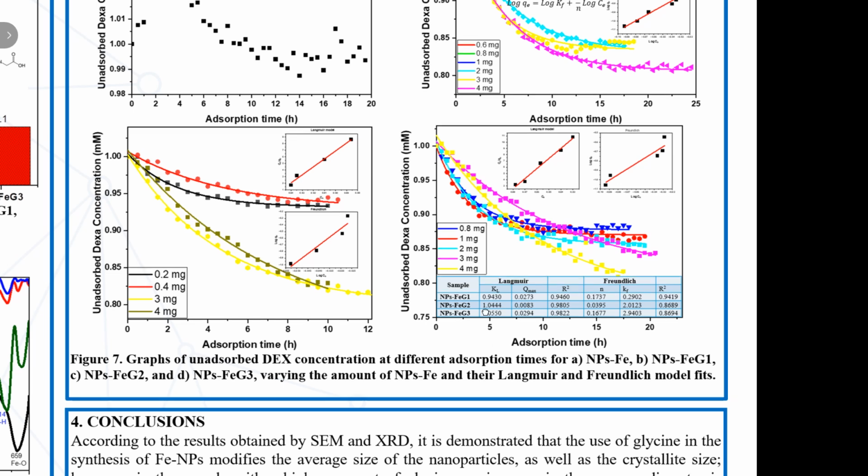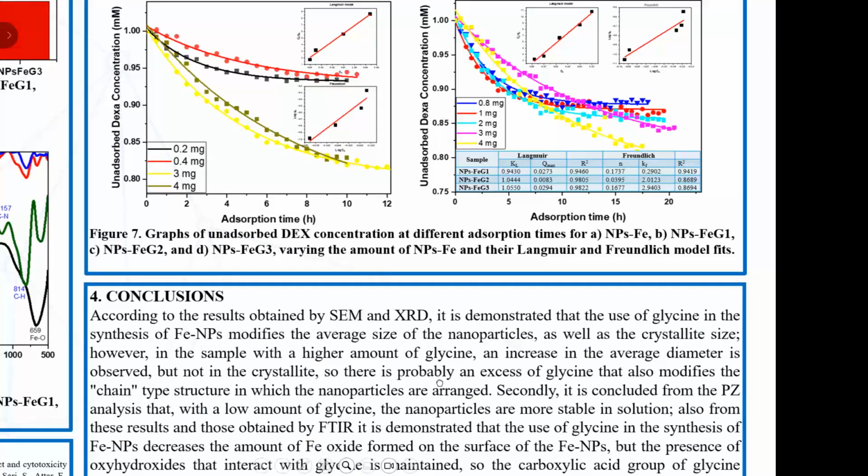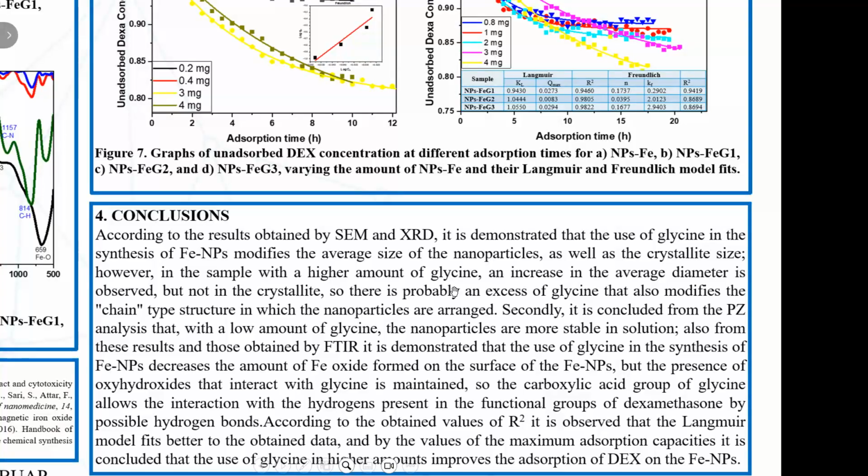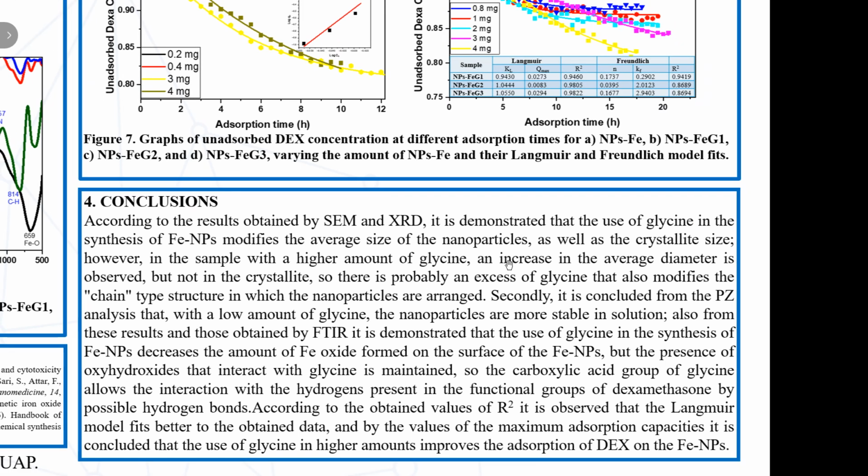And the conclusions from this information are as follows. First, according to the results obtained by SEM and X-ray diffraction, it is demonstrated that the use of glycine in the synthesis of iron nanoparticles modifies the average size of the nanoparticles as well as the crystalline size.